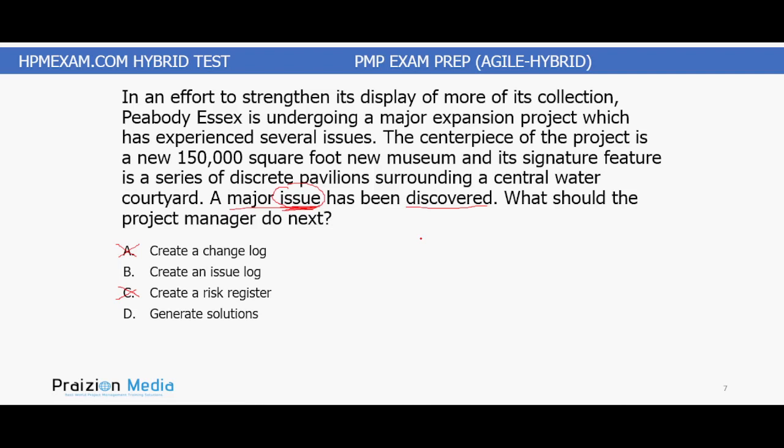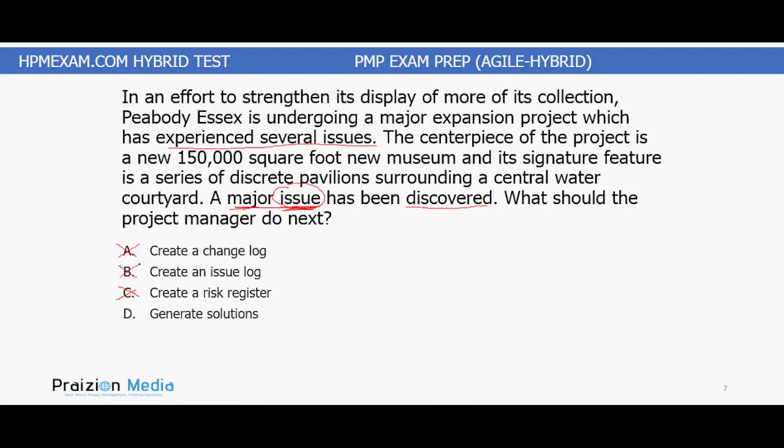Okay? Now, let's go back to the very beginning of the question, line 3. It said, a major expansion project which has experienced several issues. Well, if it's experienced several issues, it would only be logical that there already exists an issue log. So this is not something that this new major issue is going to trigger.